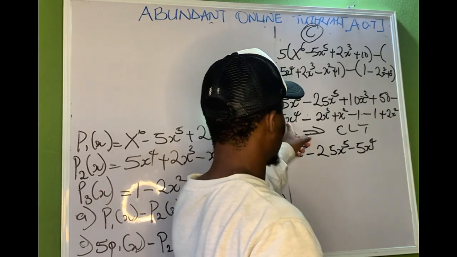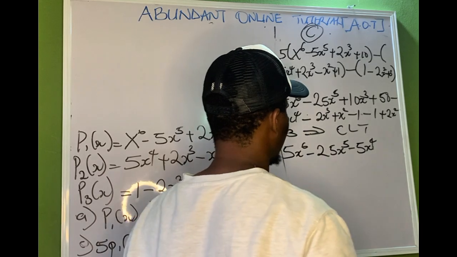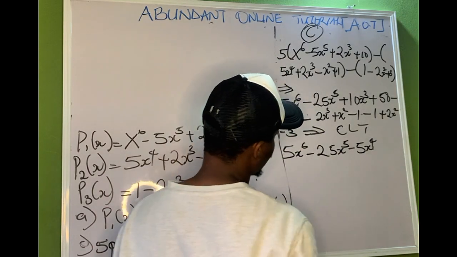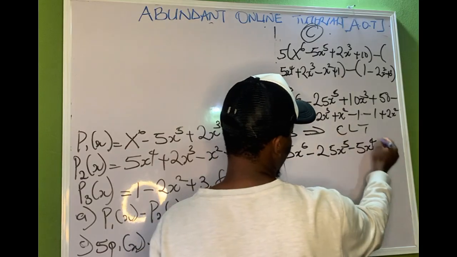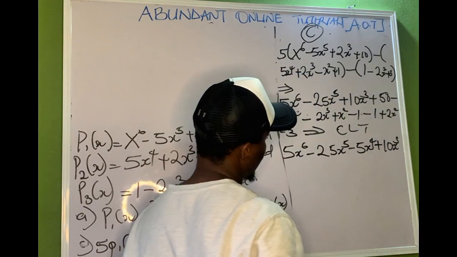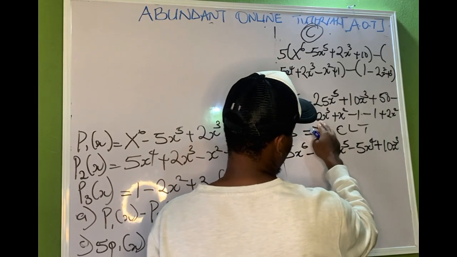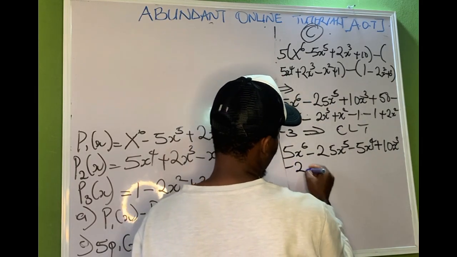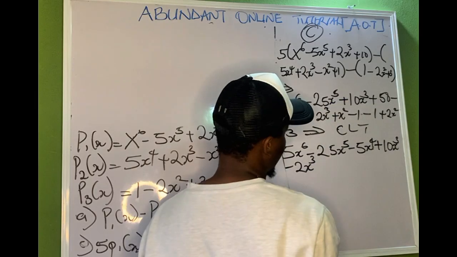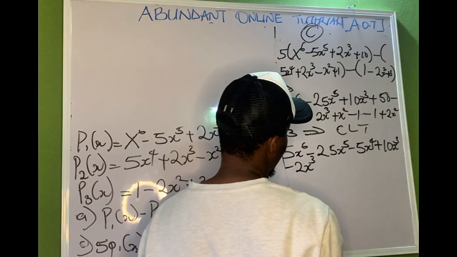What else do we have? We don't have any 5x^4 again. Then we now have 10x cubed, plus 10x cubed. So let's look for cubes. Do we still have cubes? Yes. We now have minus 2x cubed. After that, do we have cubes again? No.